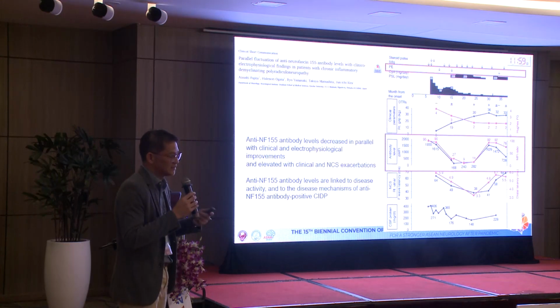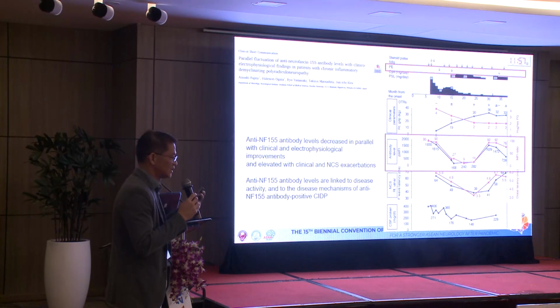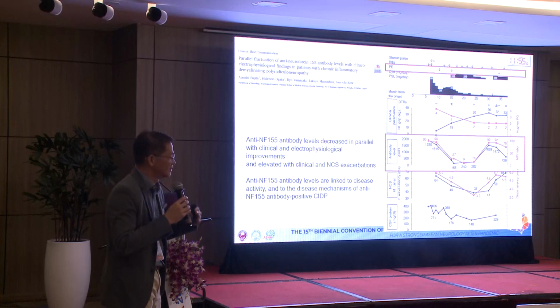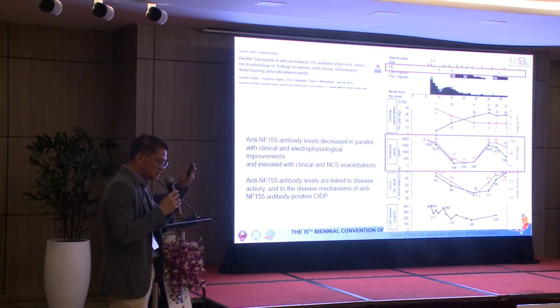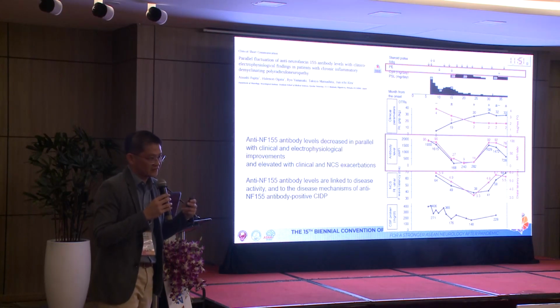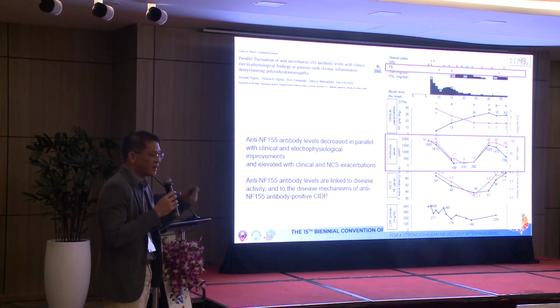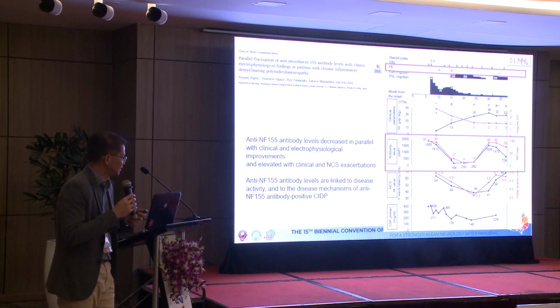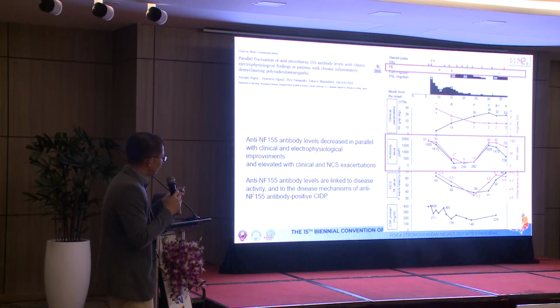When you repeat the antibody levels, you can see that the antibody actually decreased in parallel. And this reduction in the neurofascin 155 antibody goes in parallel with a clinical improvement in the patient's condition. And on top of that, they also show improvement in neurophysiological changes.